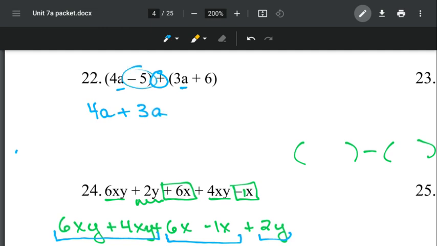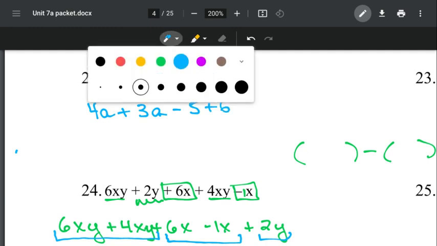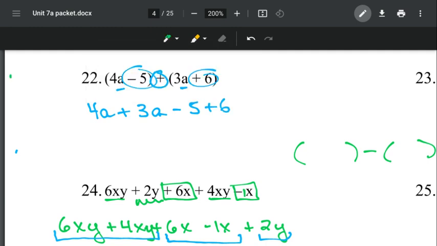And then my constants, minus 5 plus 6. Now from here, I just combine my like terms. 4a plus 3a is 7a. Now, when you put minus 5 plus 6 in your calculator, you start off with a minus sign. So that means you need to use the little negative button. Negative 5 plus 6 gives you 1, so you put plus 1.